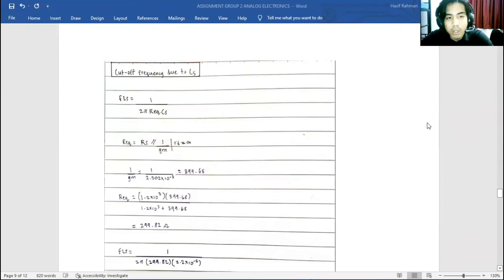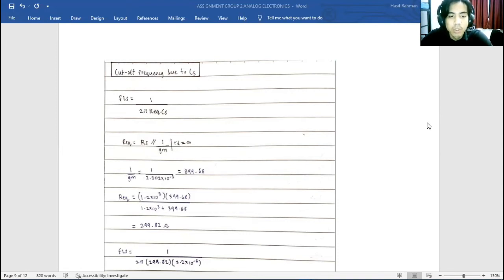Next, we will need to find cut-off frequency due to CS. This time we will use the formula FLS equals to 1 over 2 pi R equivalent CS. By using formula R equivalent equals to RS parallel with 1 over GM, and RD is equal to infinity. 1 over GM, we will get 399.68, and we just substitute to the equation of R equivalent, we will get 299.82 ohm.